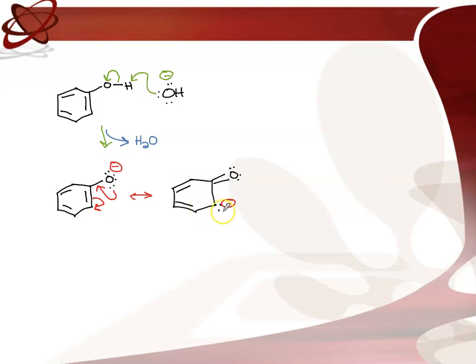So we'll move these electrons here. And when we move that pair of electrons back to form a double bond here, then again, we're going to have to move this double bond somewhere else. This pi bond then will be converted into a lone pair of electrons on what we call the para carbon, the one across from the carbon-oxygen bond.